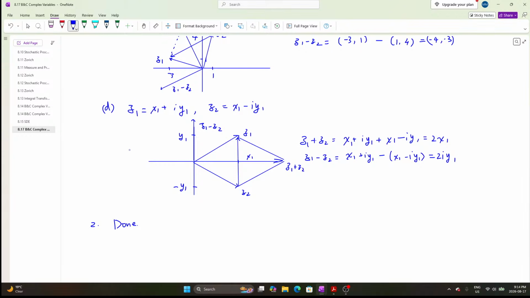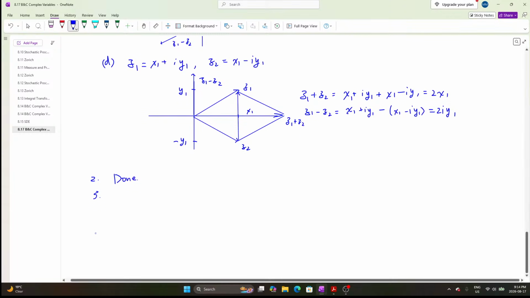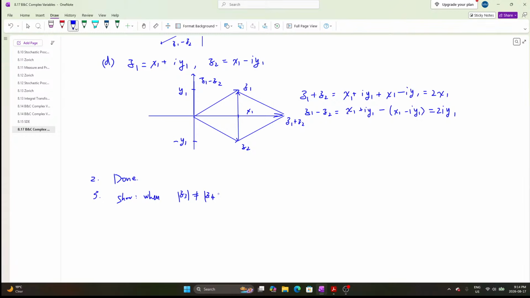Third exercise is to use established properties of moduli to show that when z3 absolute value is not equal to z4 absolute value, we have the following.